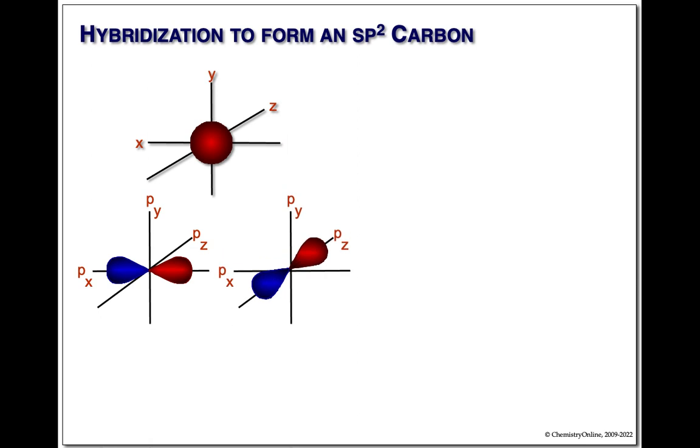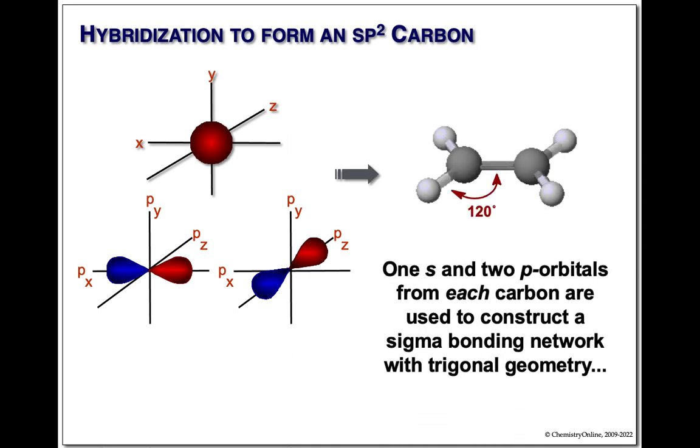To form our backbone, that is the sigma network bonding the carbons together, we're going to need 3 orbitals because we're going to make 3 bonds. 1 S, 1 P, and another P. We will combine these together and we'll make this structure. Energetically, we want 120 degree angles between everything. We have 3 bonds on each carbon, 1, 2, 3, so we need 3 orbitals to do that.